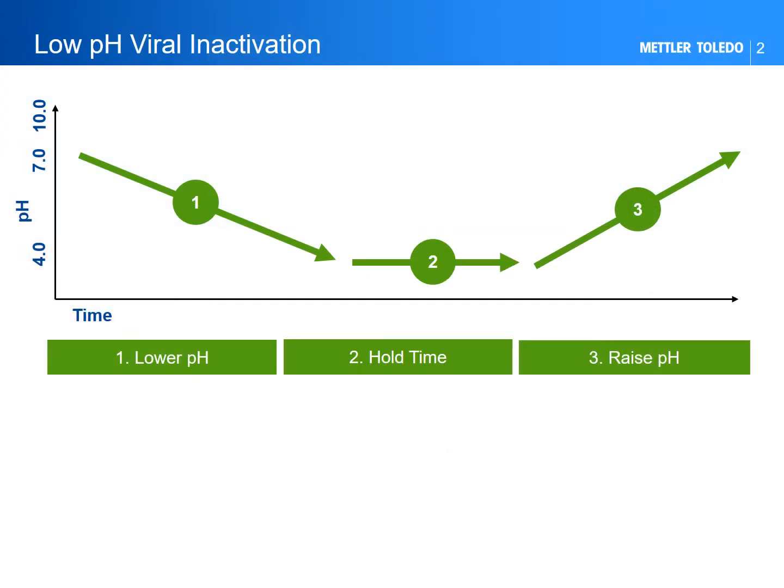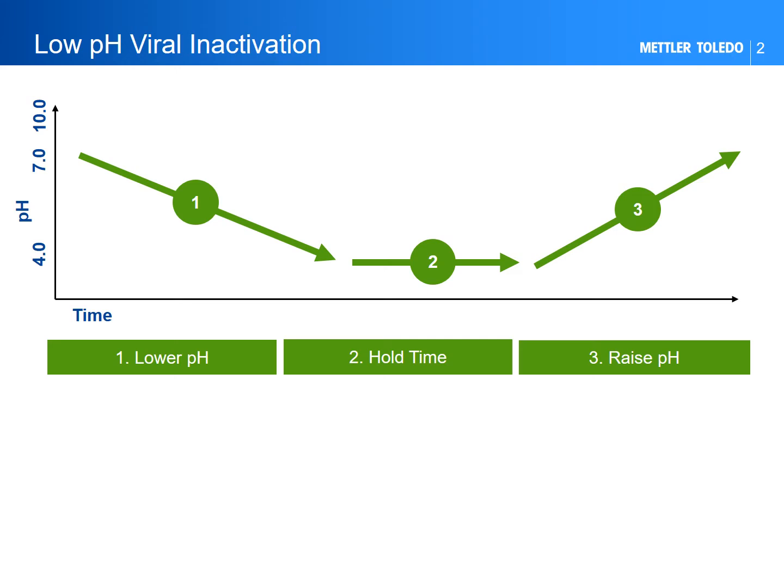Let us first start with a simplification of the viral inactivation operations. Viral inactivation consists of three main parts. 1. Lower the pH to a desired set point where, ideally, any viral particles are susceptible to irreversible acidic denaturation, but one where the damage to the drug substance may be kept at a minimum. 2.